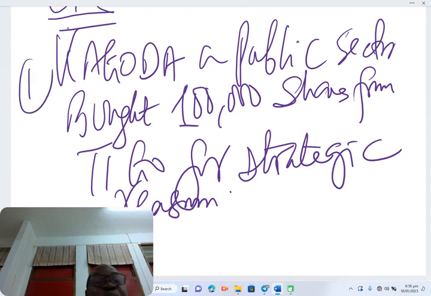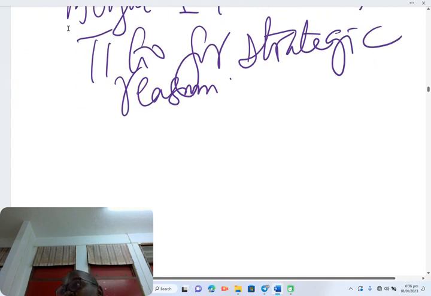Now Kagoda has bought shares from Tigo, but the reason being strategic reasons.